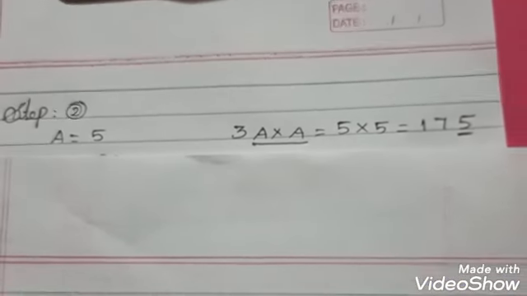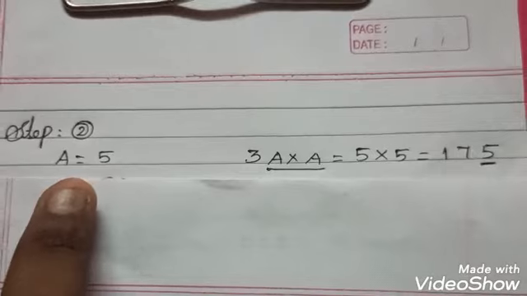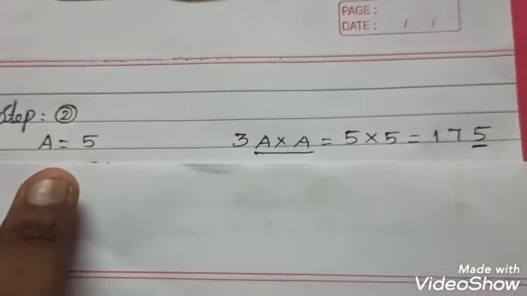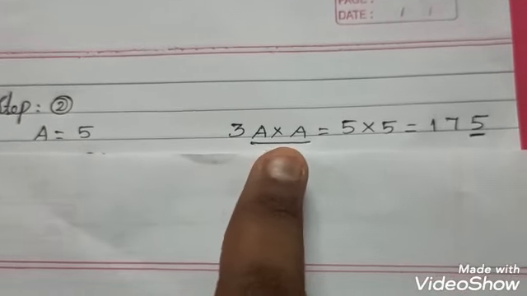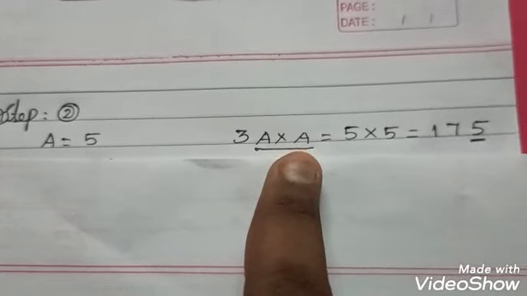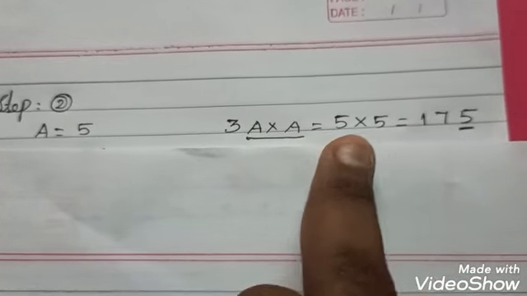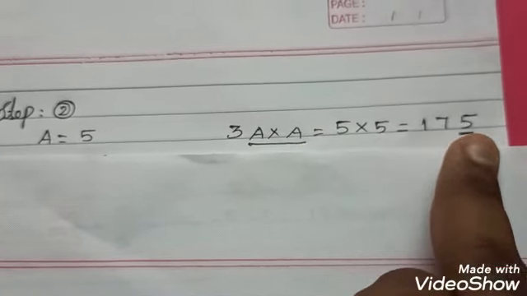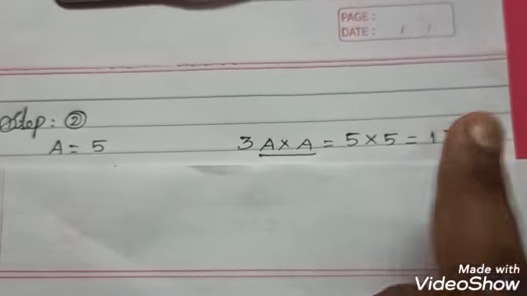So we take the first trial with A equal to 5. So 3A into A, 5 into 5, we get 17A because we get the answer 175.